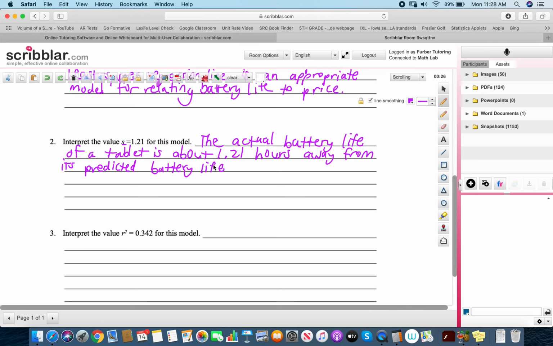And that could be in either direction, higher or lower, depending upon the variability of each individual point on the scatter plot. It could be about 1.2 hours away from its predicted battery life, higher or lower.